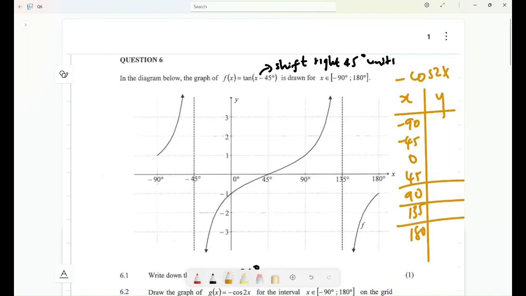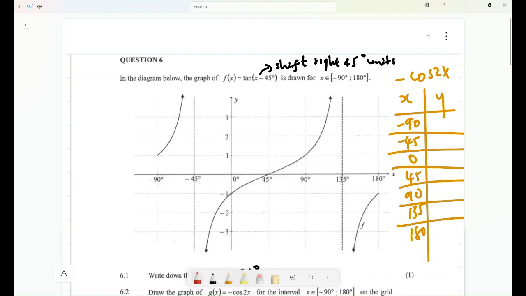I'm going to need those points. Now you can punch your calculator and say negative cos, inside the bracket, 2 multiplied by what? By negative 90. I'm going to already plot my coordinates as I get them, so that I do not waste any time.